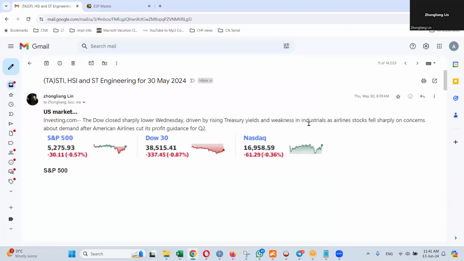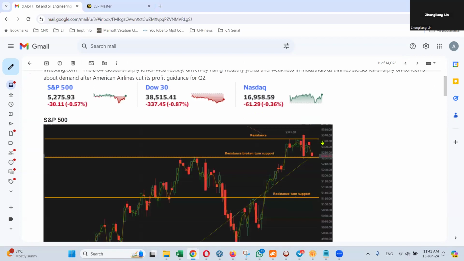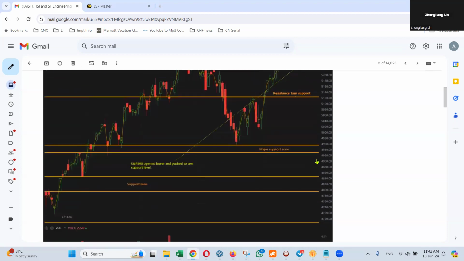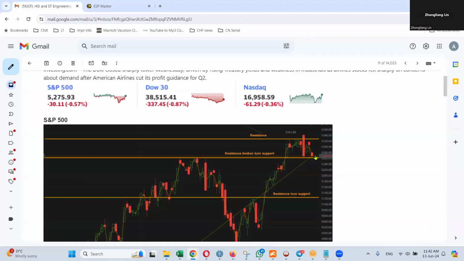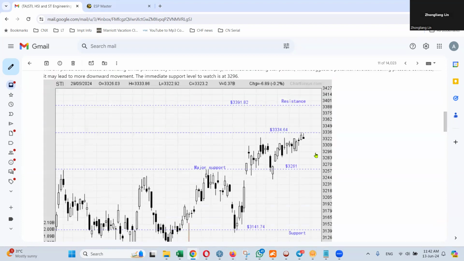And next will be S&P 500. You see, it came back down to retest support, trying to break support potentially, because like I say, if the support gets tested too many times, it may be weakened. But the uptrend generally will remain intact if the index can rebound from the support level.